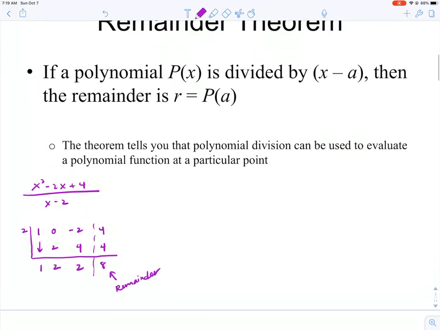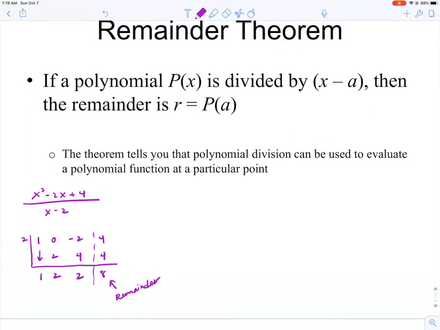Okay, so now if we were to think about the polynomial that's the dividend, so x cubed minus 2x plus 4, and if we were to evaluate that polynomial at 2, we end up with 8.